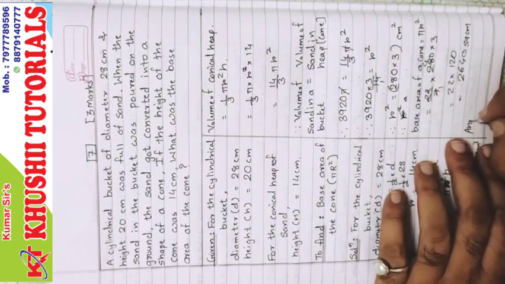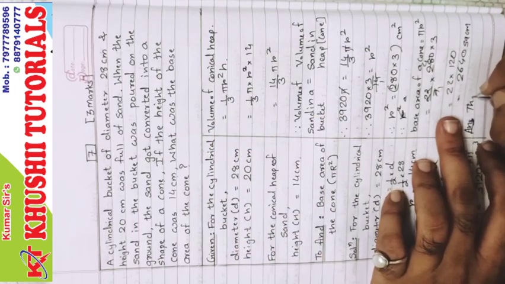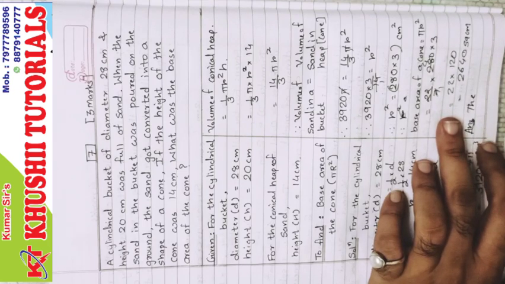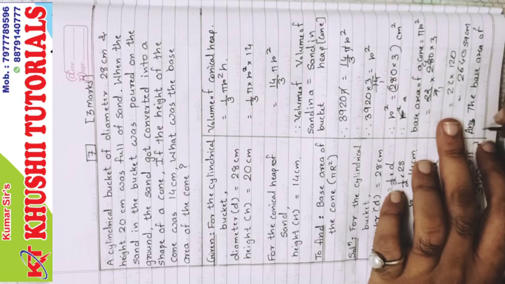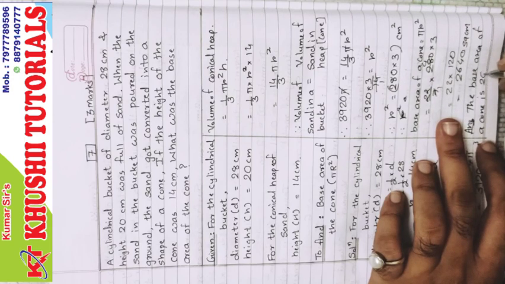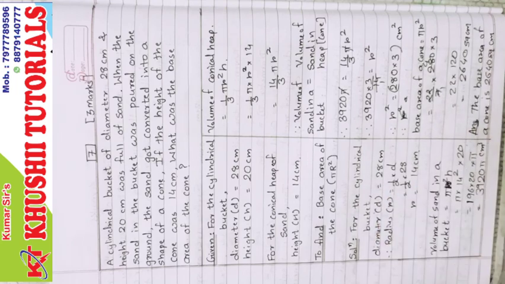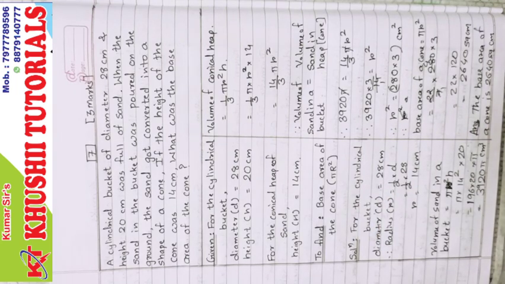Answer: the base area of a cone is 2640 square centimeter. And this is the end of sum number 7.